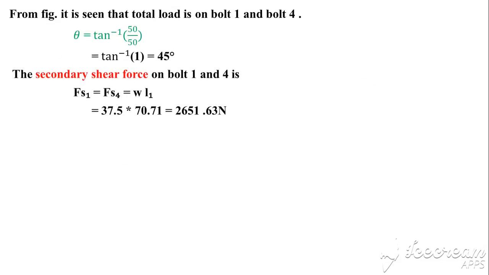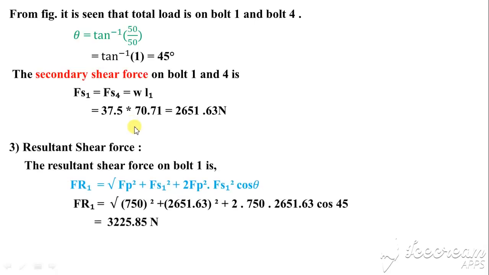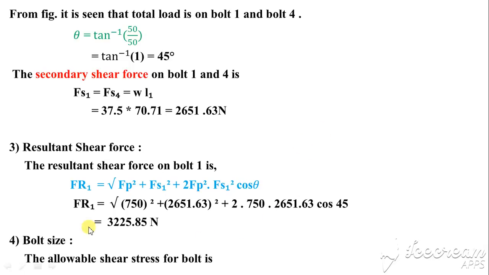So theta value is 45. Considering bolt 1 and 4, the secondary force will be W into L1 or L4. Putting the value in the resultant shear force equation with cos 45, the resultant force on bolt 1 and 4 will be the same, 3225 Newton.